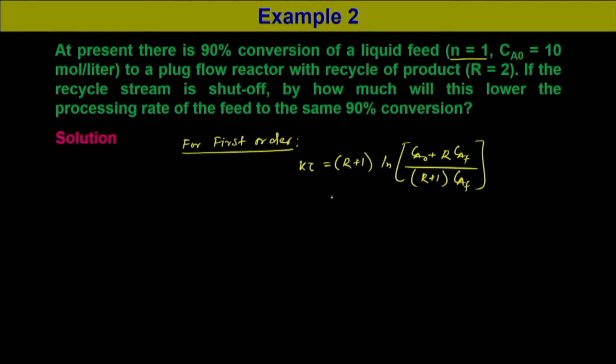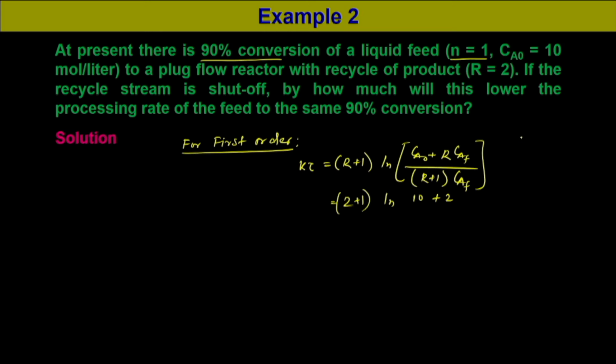Now, if you substitute the values, R is 2, so R plus 1 is 3. Ca naught is 10, plus 2 into 1, because 90% conversion.